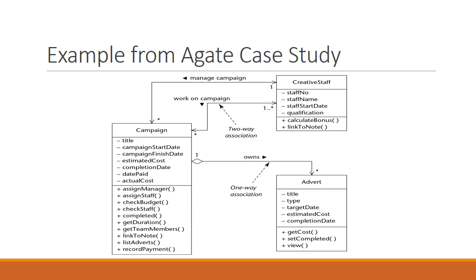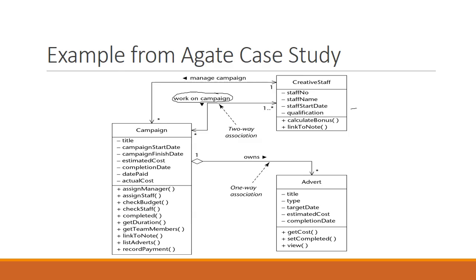Let's take a look at an example from the AOOAD case study from a textbook. Consider the works on campaign two-way association. We see that a creative staff works on multiple campaigns, and a campaign is worked on by one or more creative staff. Now, if we want to reflect the reference attributes that represent this association, then in creative staff, we would have a list of campaigns.